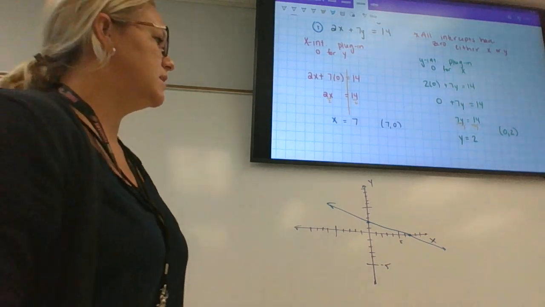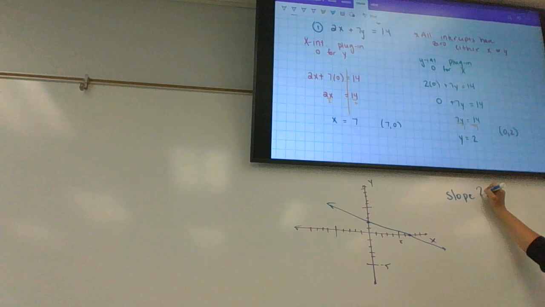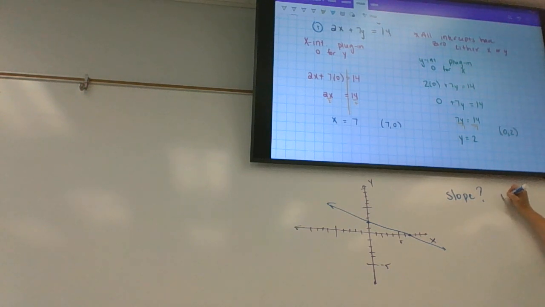How would you describe the slope of this line? Someone said it, negative 2/7. Really good job, because it goes down 2, right, 7. I was just looking for the word negative. This is a negative slope because it's going downhill.